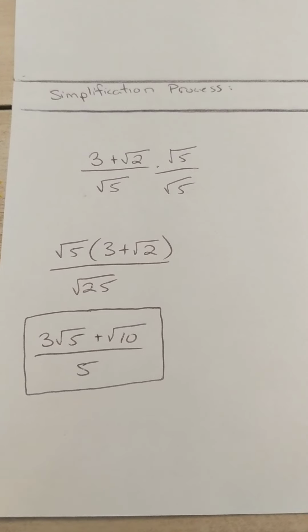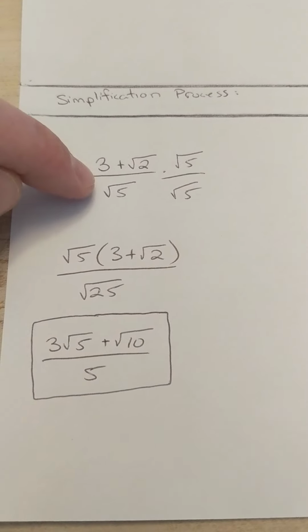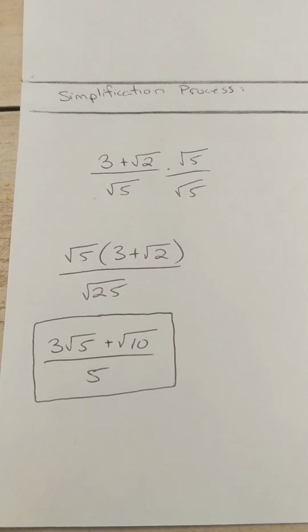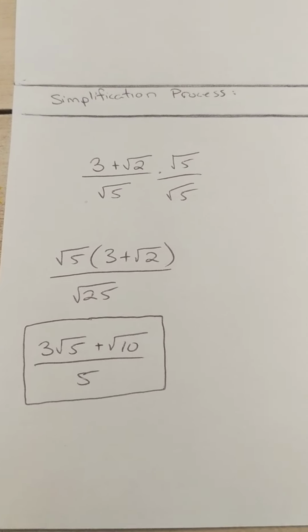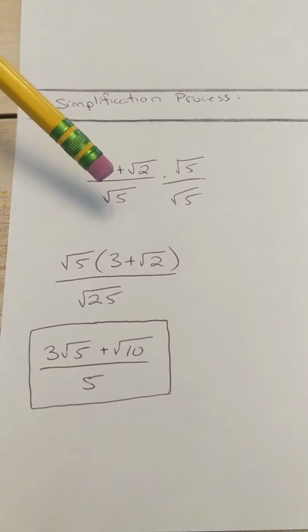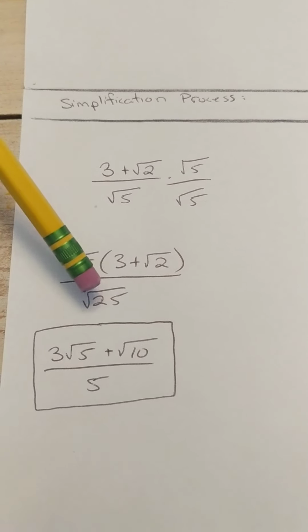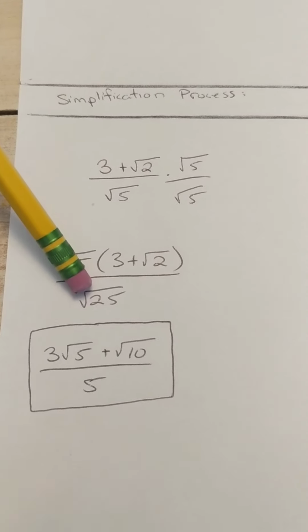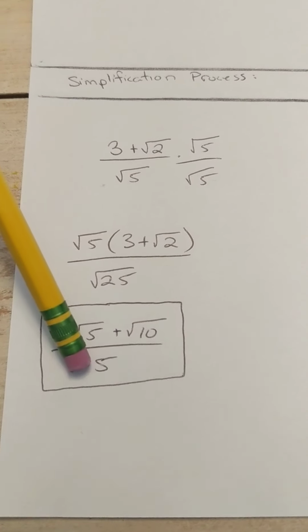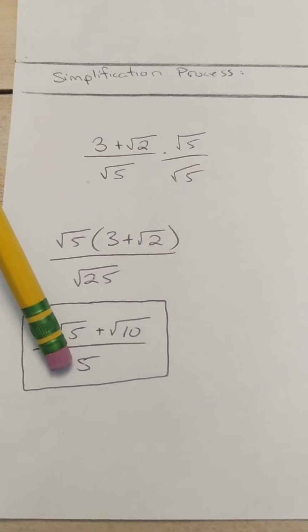Now the process that we want to follow is that we want to get this square root to go away. So the way that we're going to do that is that we are going to multiply this square root by something so that it becomes a perfect square. And then the square root of a perfect square is just a regular natural number.